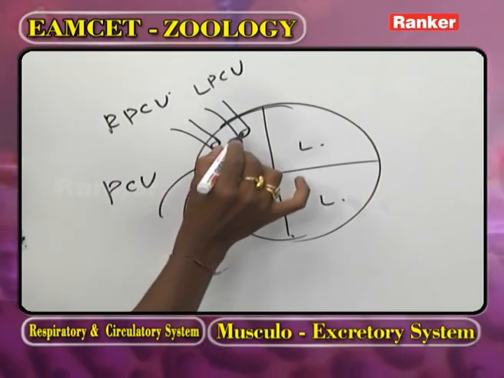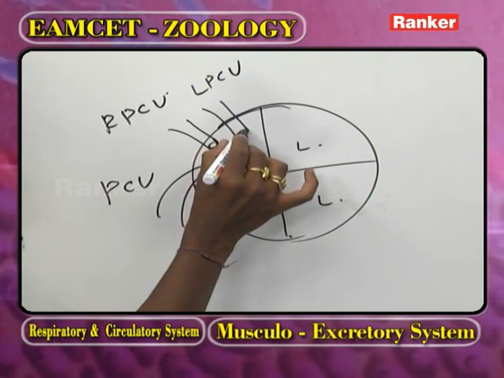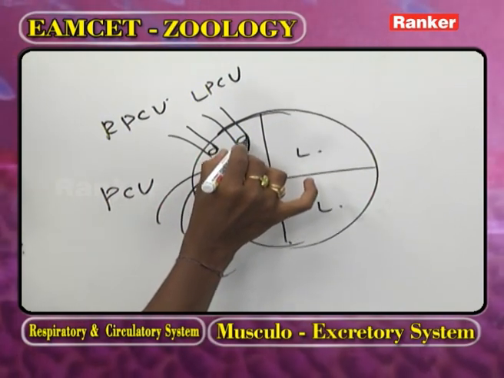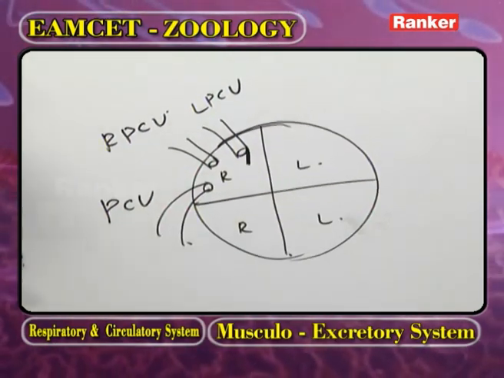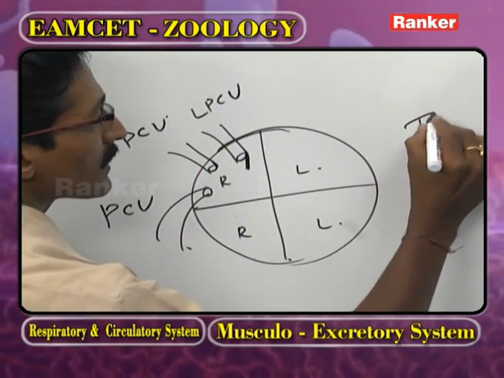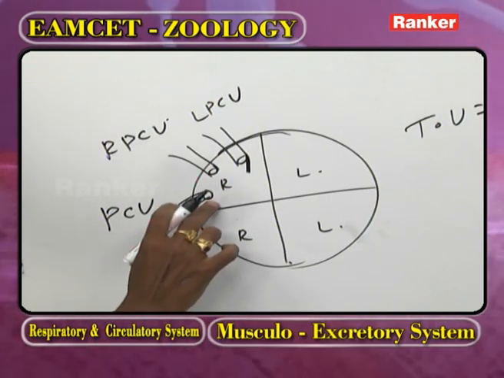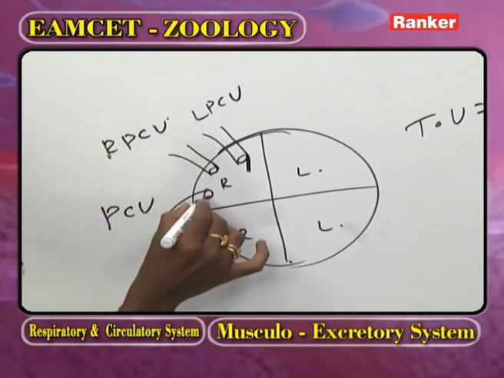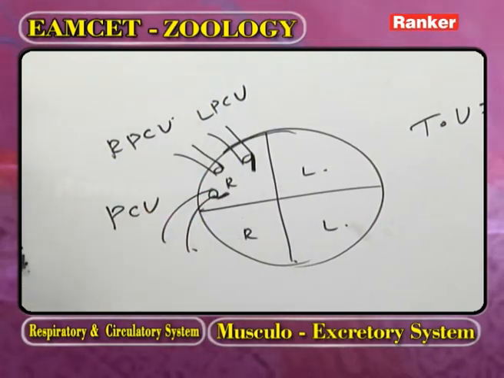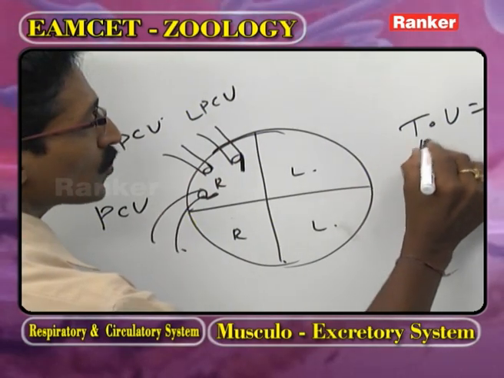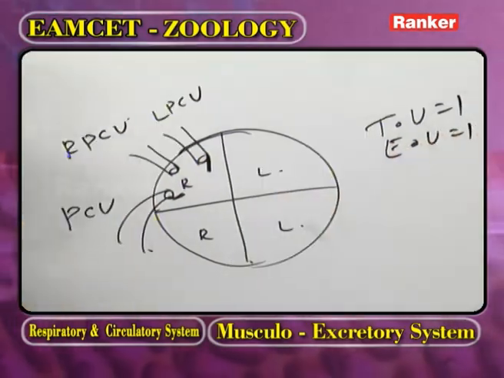Now the opening of the right precaval vein is guarded by a valve that we call the sebaceous valve, 1. Now in the embryonic stage, the opening of the precaval vein is guarded by the Eustachian valve.